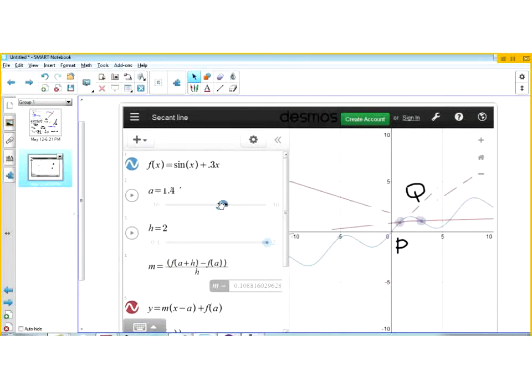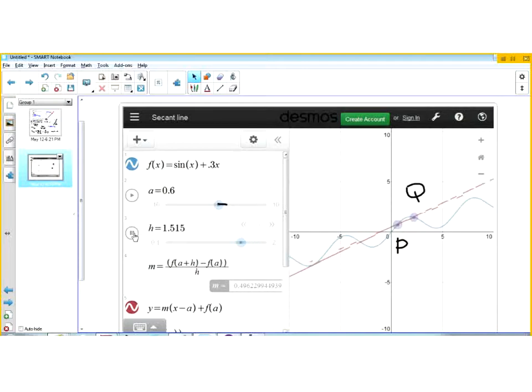Let me bring it back. So there's Q and P right there. What would happen if I drove the abscissa of Q toward the abscissa of P? In other words, I made the x part of the coordinate of Q approach the x part of the coordinate of P. Well, something very interesting happens.